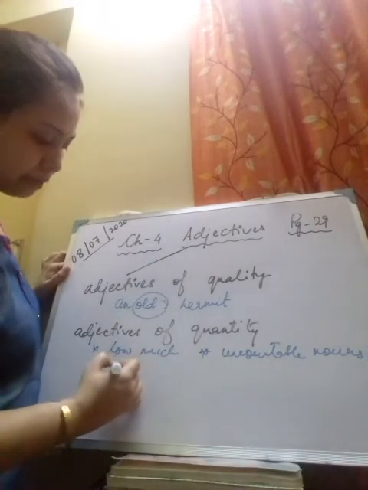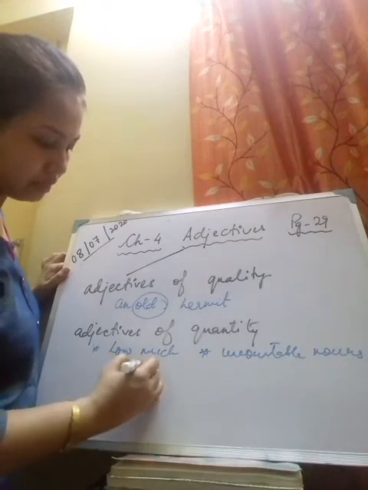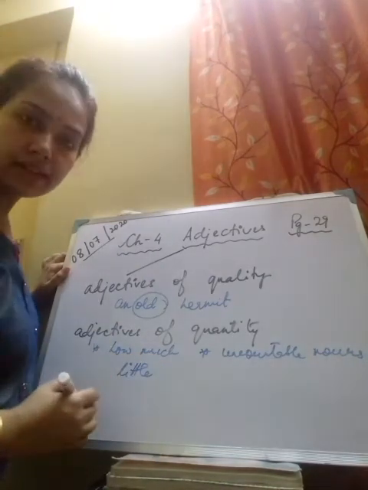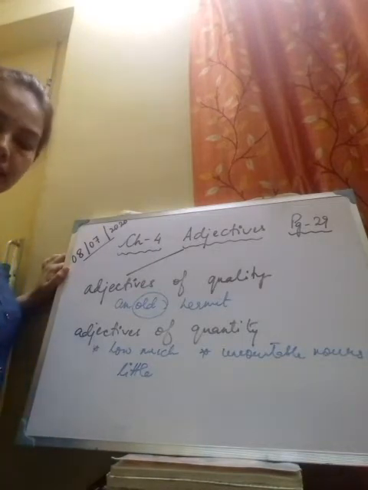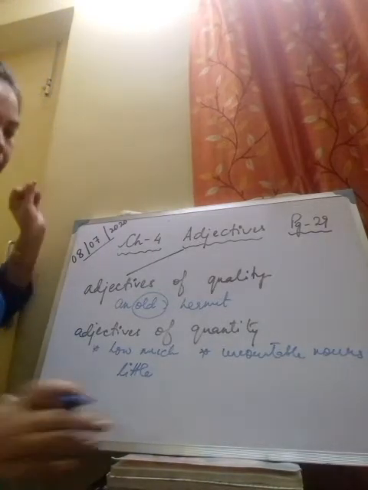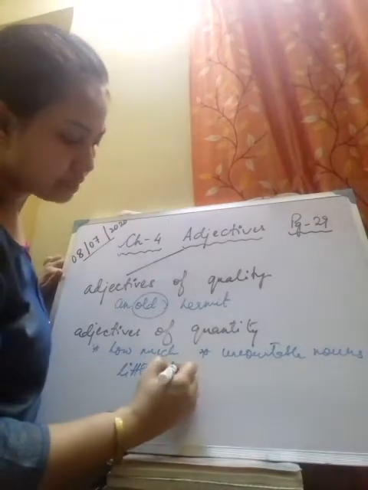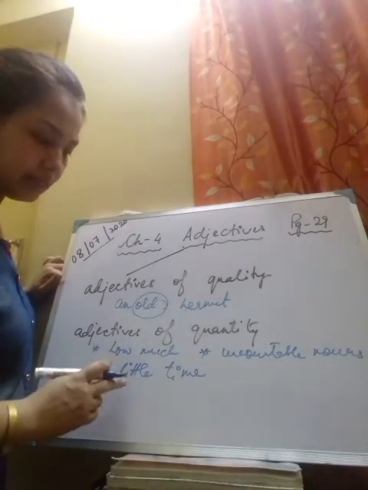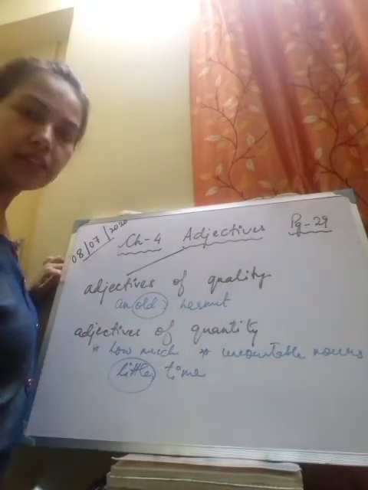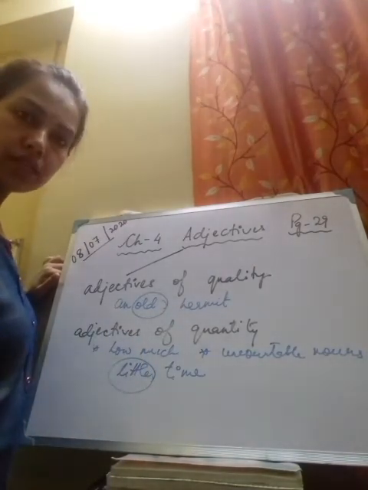For example, little is a word which is used as an adjective of quantity. Say, I have little time to spare. Little time, little is here the adjective of quantity.